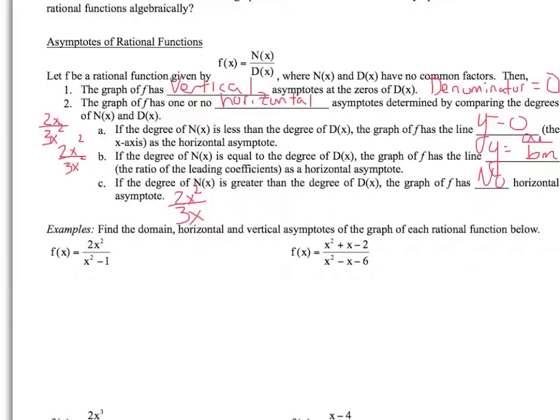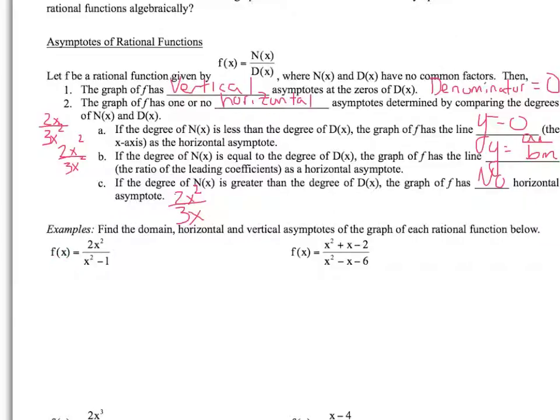So looking at our first problem we have here. First of all, I see I can't factor the numerator. If I were to factor the denominator, it would factor to x plus 1, x minus 1. But there's no point in doing it because I wouldn't be able to cross off anything with the numerator and the denominator.